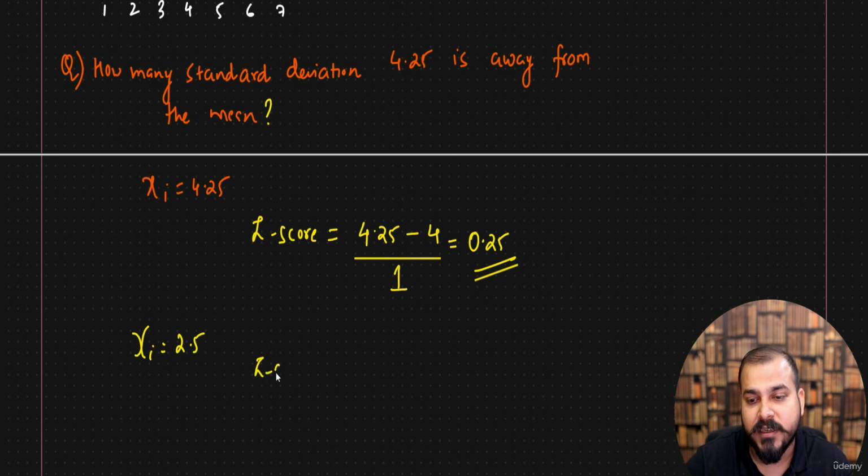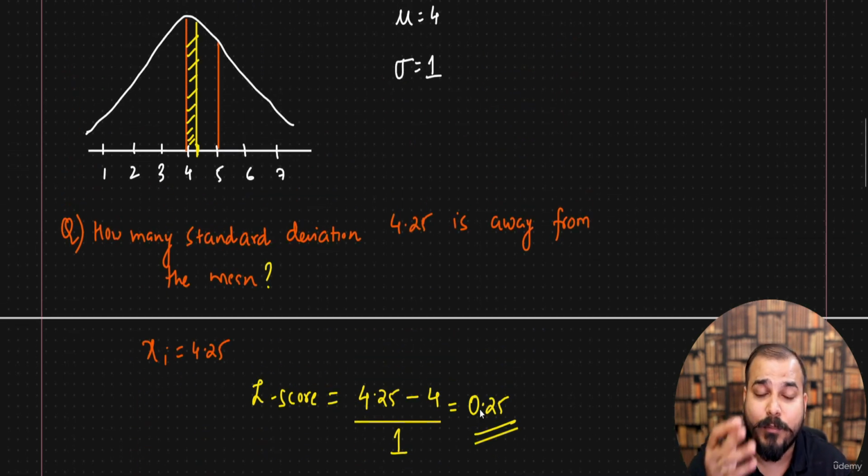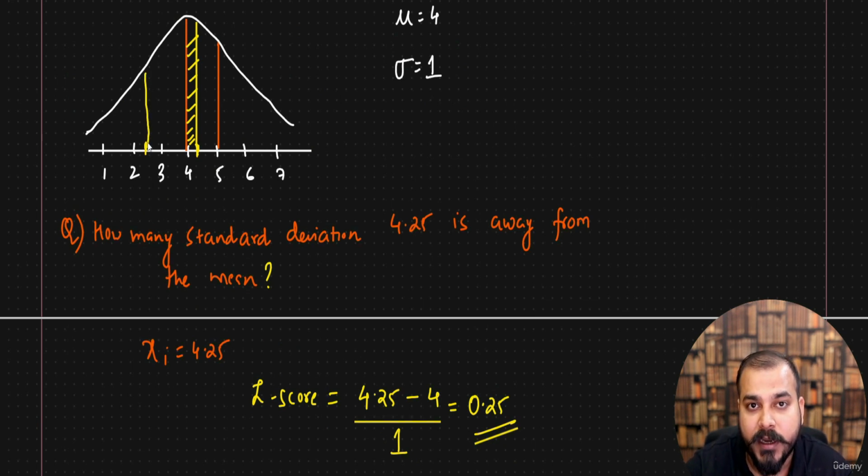Now what will be my z-score? My z-score will be nothing but 2.5 minus 4 divided by 1. So in this case, it will be minus 1.5. Right? Now, when I say minus 1.5 deviation, it is somewhere here, and we can conclude that 2.5 is 1.5 standard deviations away from the mean on the left-hand side.